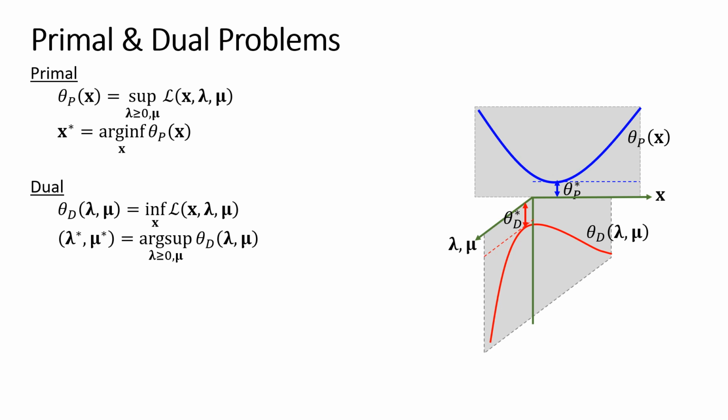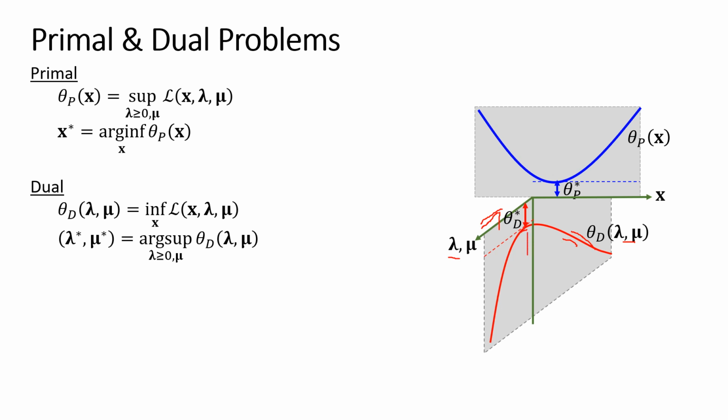In this schematic, the dual function theta d is shown by this red curve. It's always concave, as we have seen, and just for simplicity, I've used this axis to represent both lambda and mu. And this is theta d star, where theta d of lambda, mu, the dual function, acquires its maximum value at theta d star.